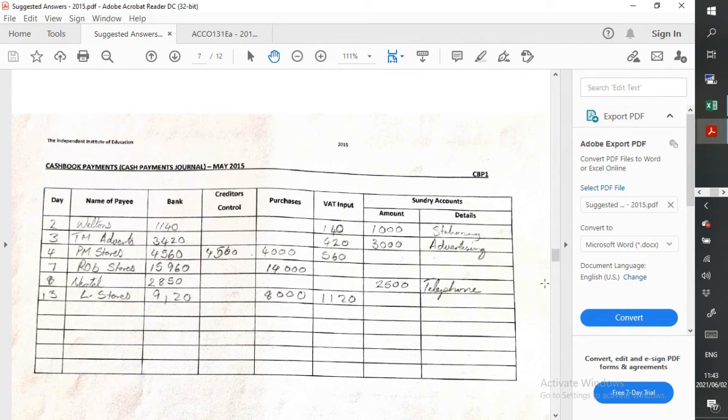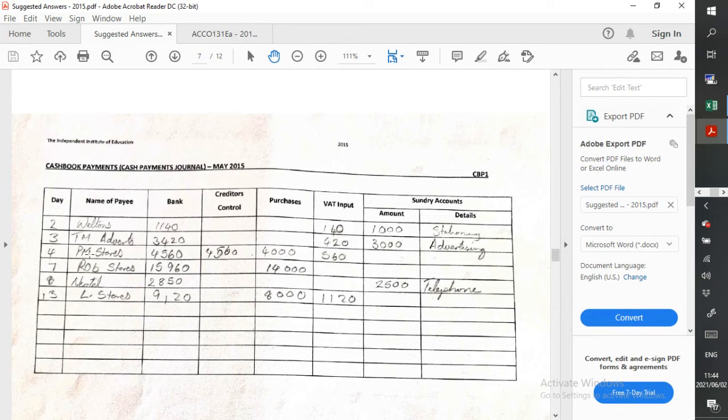We know that was with Walton's. We know that it's going off our bank account. And again, reminder, can you see we have a purchases and not a trading inventory column? Then we know we can claim input VAT on stationery, so that's exactly what we do. And the difference we put in sundry and we put stationery under details.